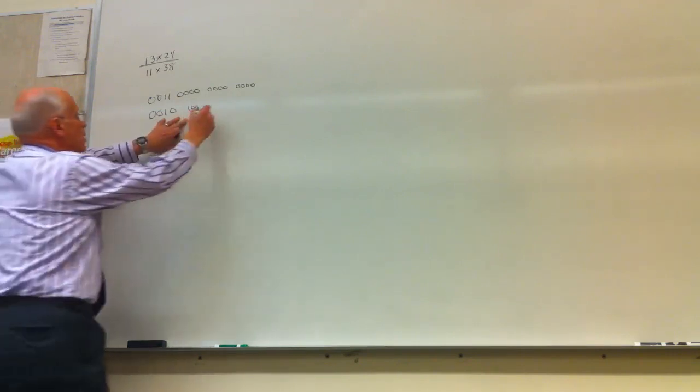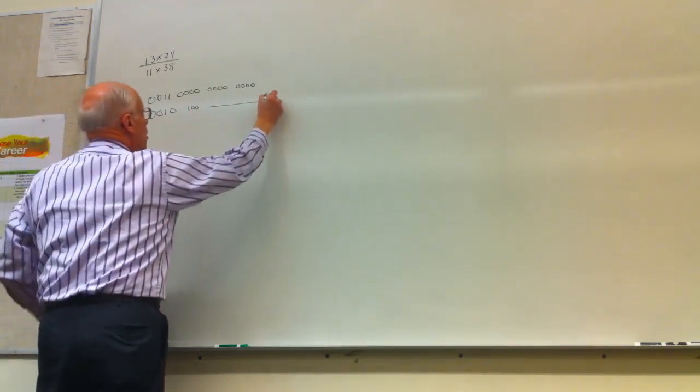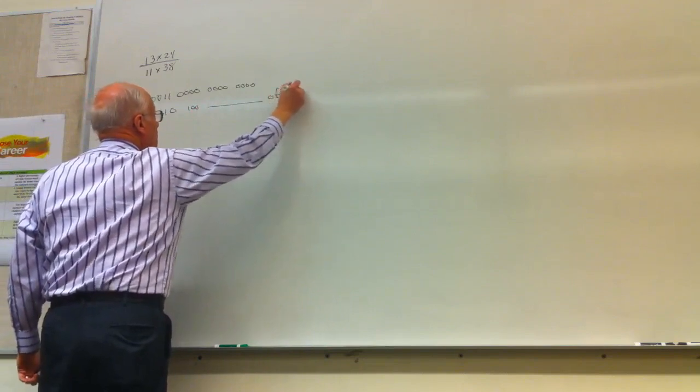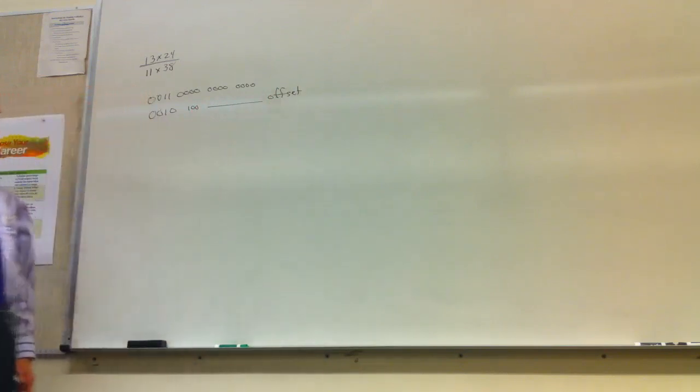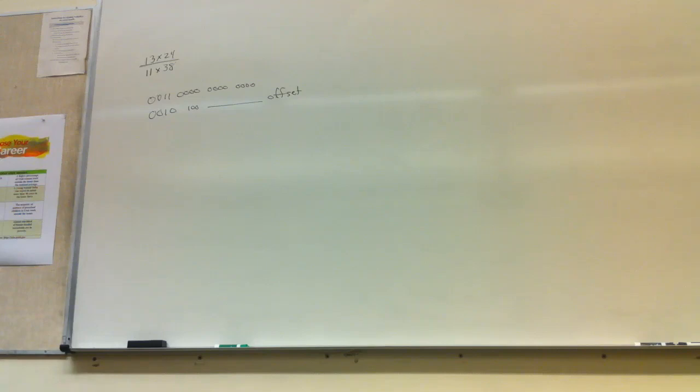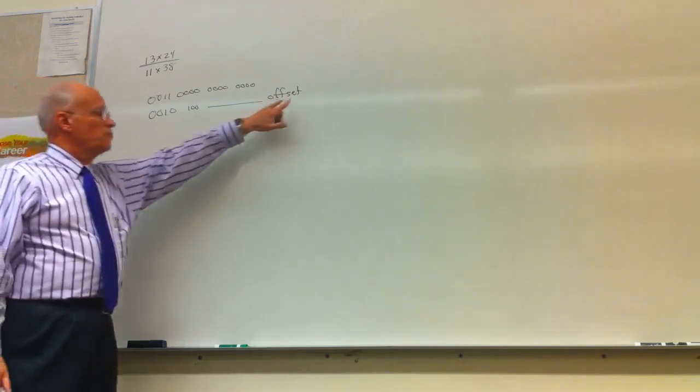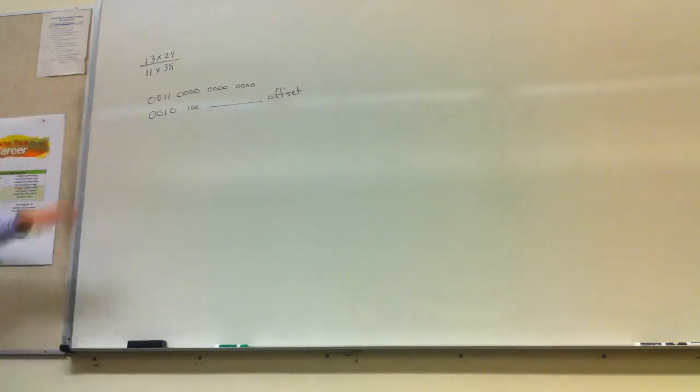The other 9 bits are an offset. And I can't figure what that offset is until I get the rest of the program written and figure out where I'm going to put that data item. Okay, but at this point, register 4 contains 38.